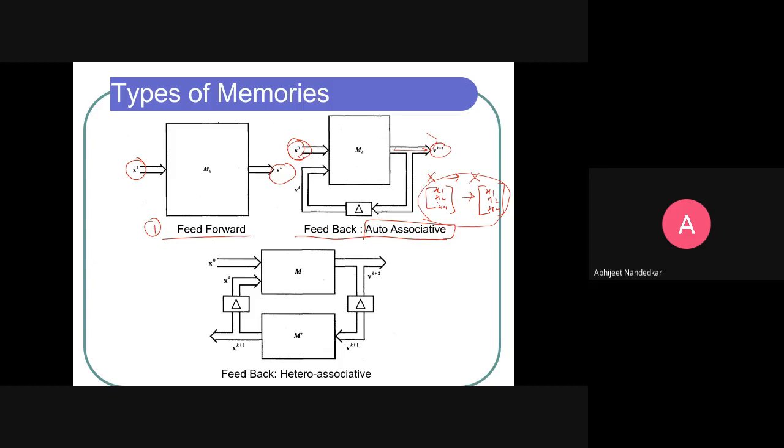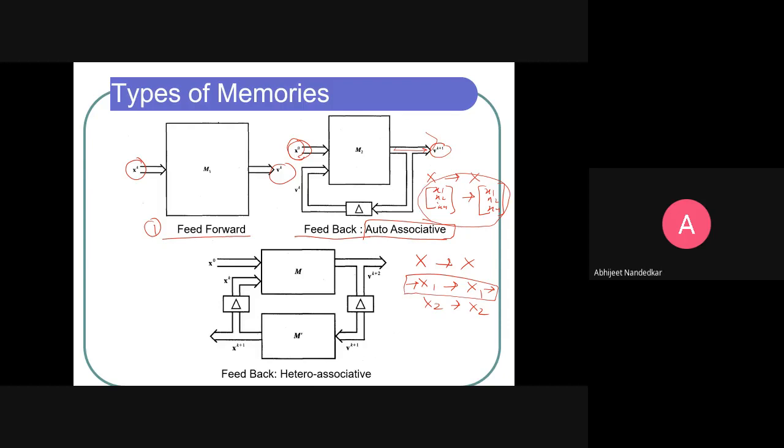So if that is the case, then you are doing auto association. You are relating x to x itself. A vector x1 is mapped to x1 itself, a vector x2 is mapped to x2 itself. So input is x1, output is x1. Then what is the fun of doing this? We'll see one example in the next slide.